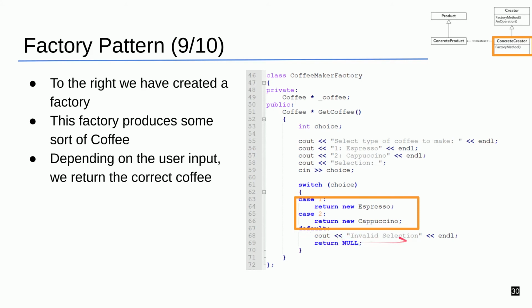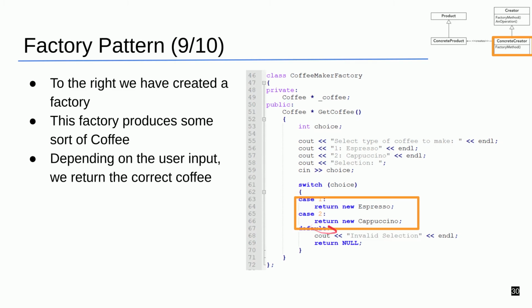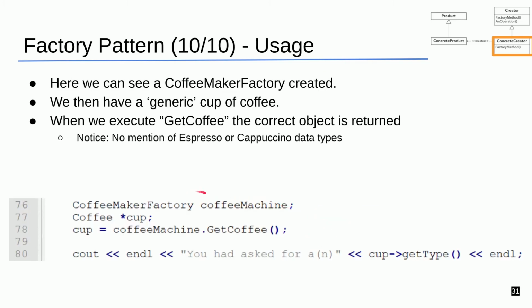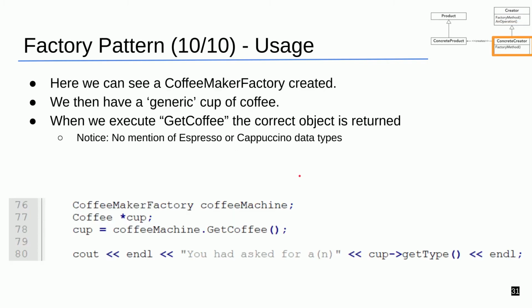And if you put something else in, you get a null object, which is sort of the right behavior, given our input parameters of 1, 2, or anything else. We are generating the right object, so either an espresso, a cappuccino, or a null object. Okay, so that's the factory pattern.